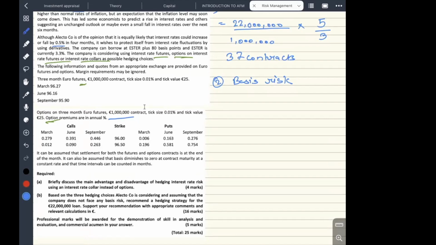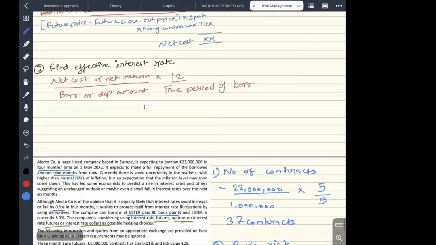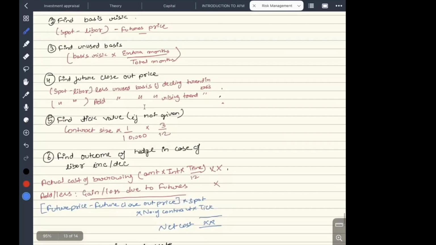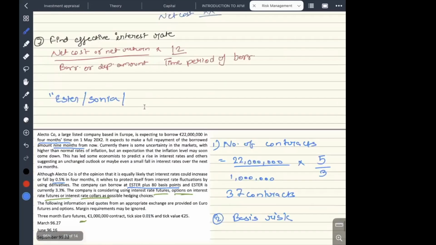Now the company can borrow at Ester plus 80 basis points. Now please remember one thing. All these words like Ester, Sonia, then what did I use? LIBOR. All these are just the types only.